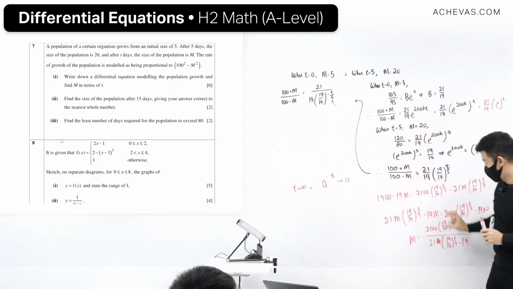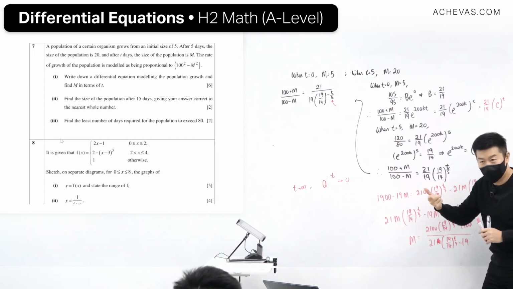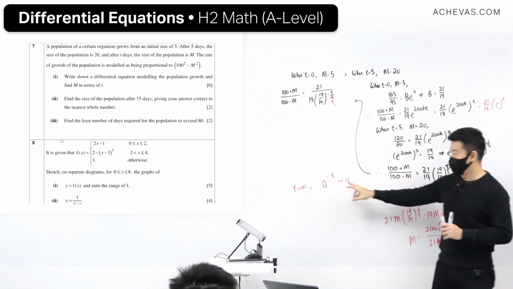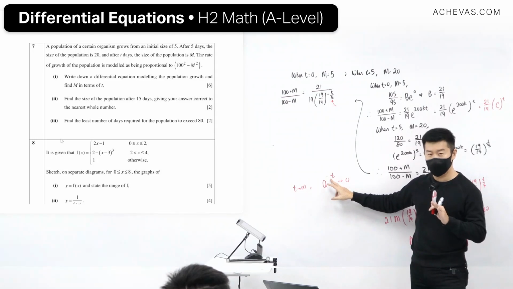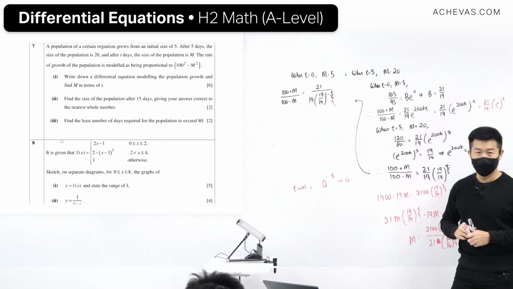That is why instead of trying to deal with to the power of positive t over 5, which I am expecting t to go to infinity, t is time, I'm going to try to manipulate it so that it is going to become power negative. Because power negative is way easier for me to analyze what it will become when t goes to infinity.